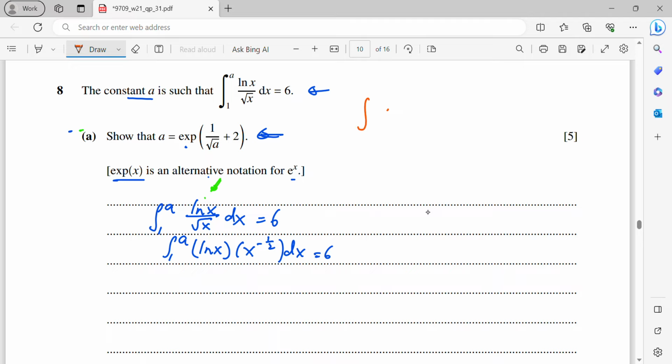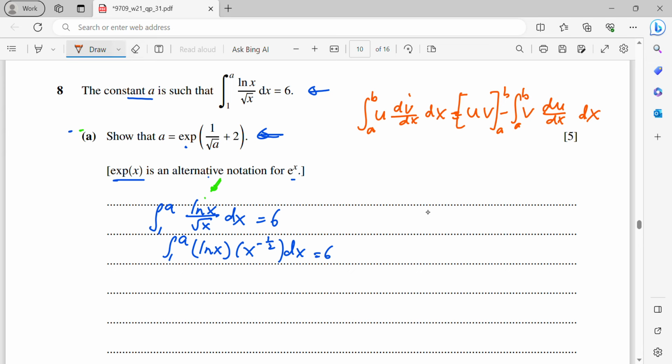Integration by parts is the integral of u dv over dx equals uv minus the integral of v du over dx. And since we have limits 1 and a, I will write a and b in general. Then you have to consider limits for all these terms.